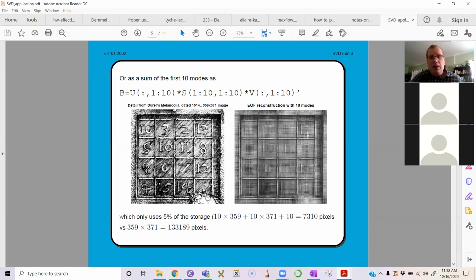Now, this is with 10 modes. You're starting to see more. This uses 5% of the storage instead of keeping the matrix of pixels. Basically, because all you have to keep is the 10 singular values and 20 vectors.